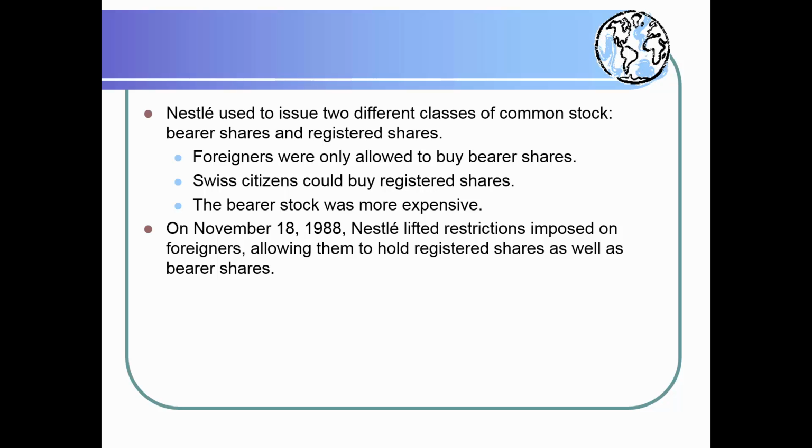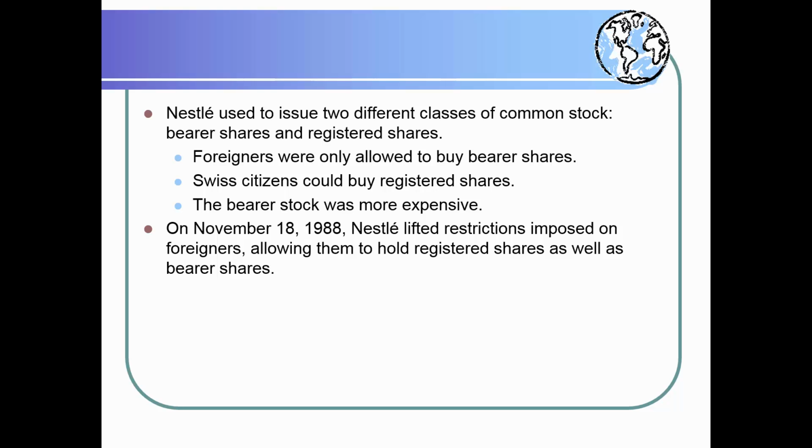Okay, so here we are talking about Nestle, and Nestle used to issue two different classes of common stock, bearer shares and registered shares. So foreigners were only allowed to buy bearer shares.